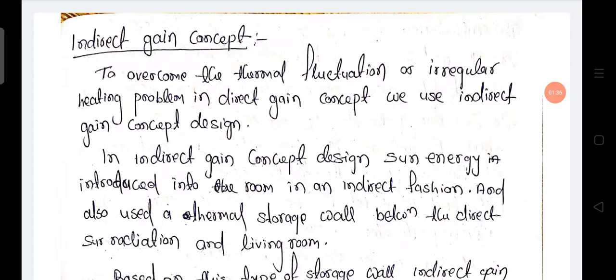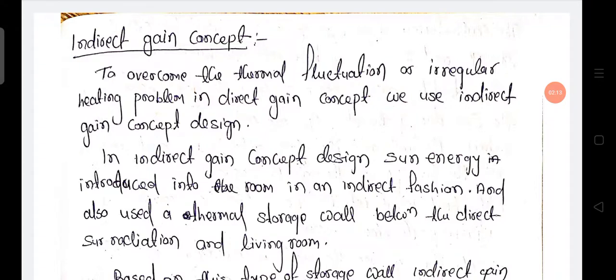In the morning the thermal energy in the sun radiation is less, but at peak day or noon the radiation is more, and in the afternoon the thermal energy is less again.